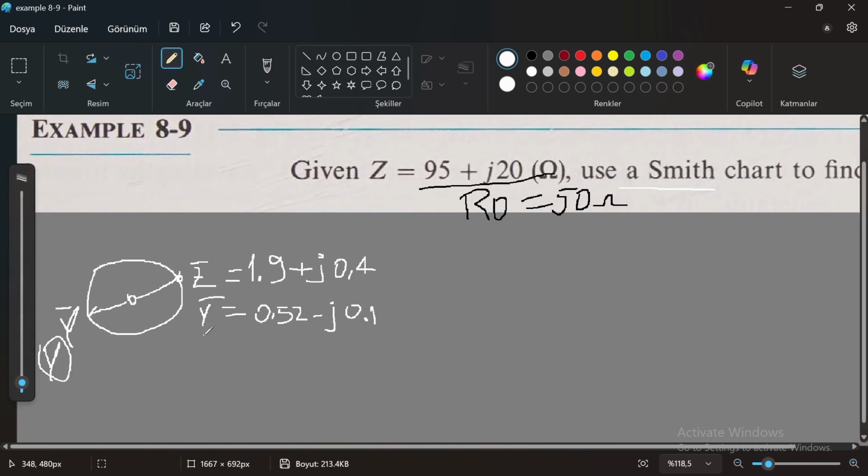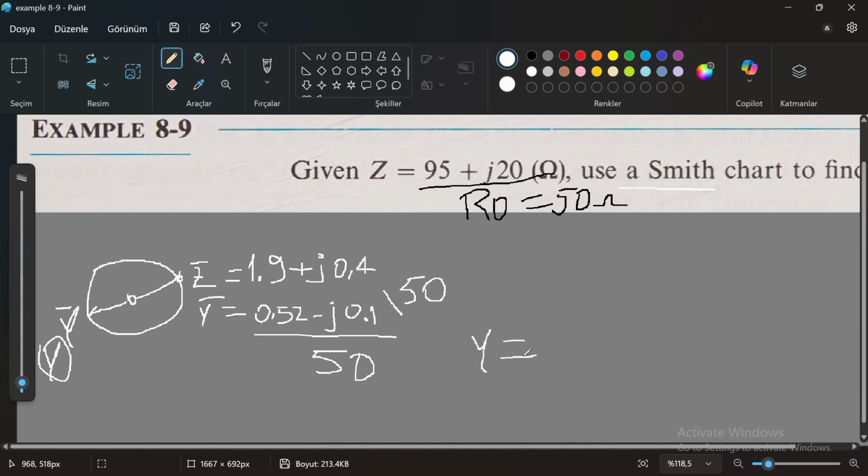If this were impedance, we would multiply all the values by R0, which is 50, to find the Z. But since admittance and impedance are reverse of each other, this time we need to divide these values by 50, by R0, to find the admittance Y.